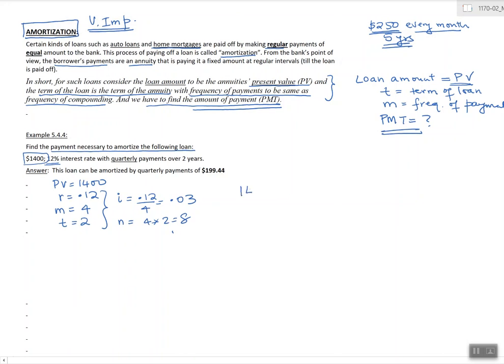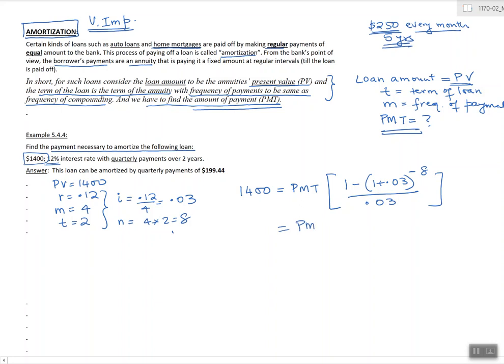So substituting in our formula, we get 1400 is equal to PMT times (1 minus (1 plus 0.03) raised to the power negative 8) over 0.03.